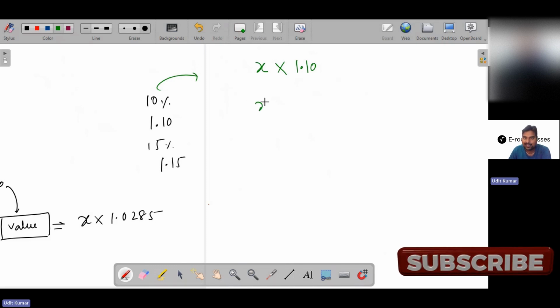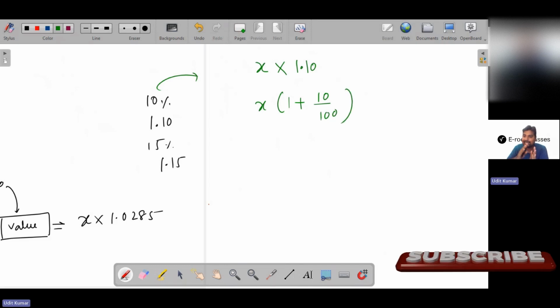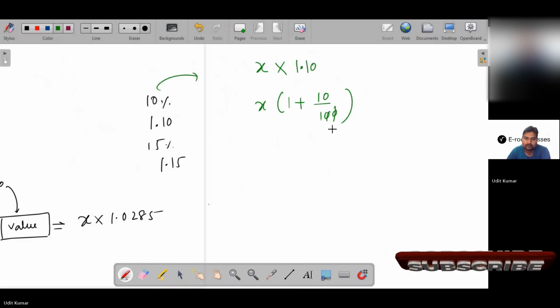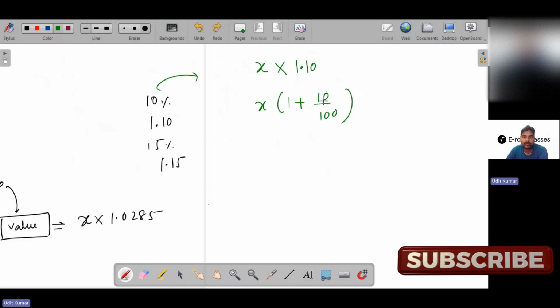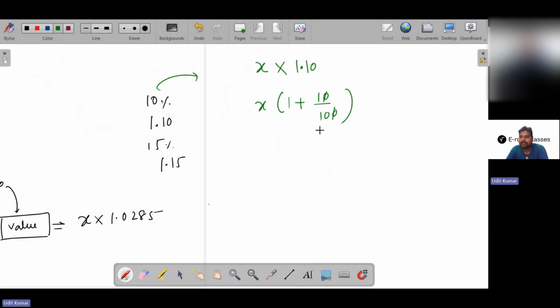It's actually X times 1 plus 10 by 100. 10% increase. So when you cancel it out, you get 1 by 10, which is 0.1. And that is why you get 1 plus 0.1, which is 1.1 times X. And then we directly say it's 1.1.